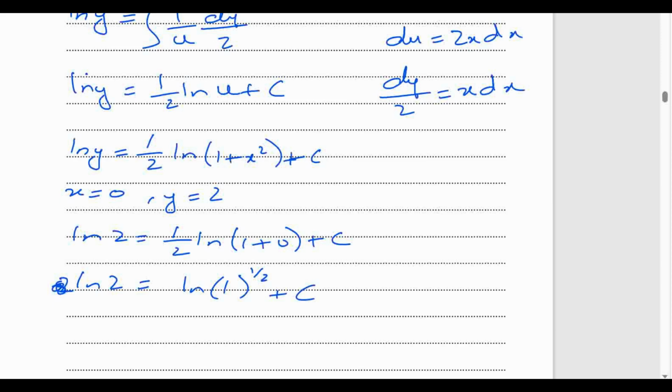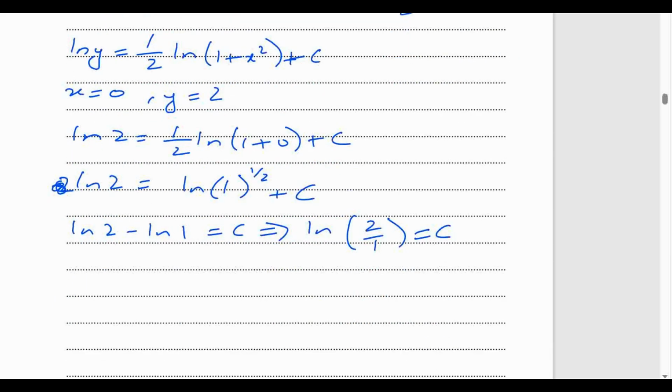So this will be equals to natural log of 2 minus natural log of 1 is equals to c. So from here we can see natural log of 2 by 1 is equals to c, and the final answer for c will be equals to natural log of 2.